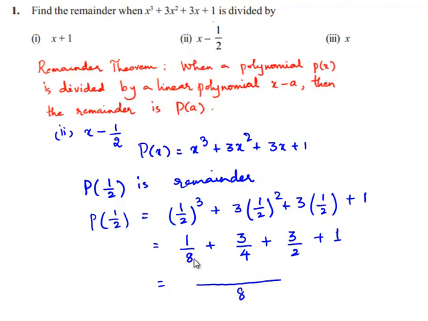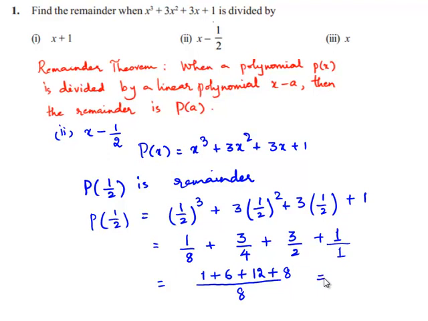So 8 goes in 8 as 1, and 1 multiplied by 1 is 1, plus 4 goes in 8 as 2, 2 multiplied by 3 is 6, plus 4 multiplied by 3 is 12, plus here the denominator is 1, so this becomes 8.